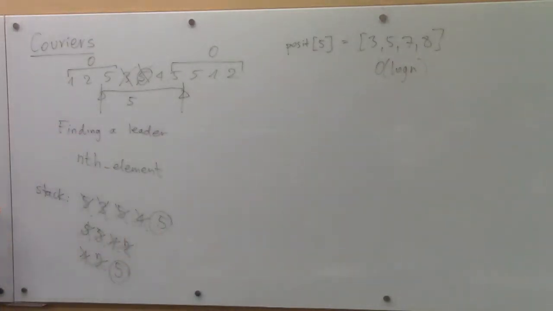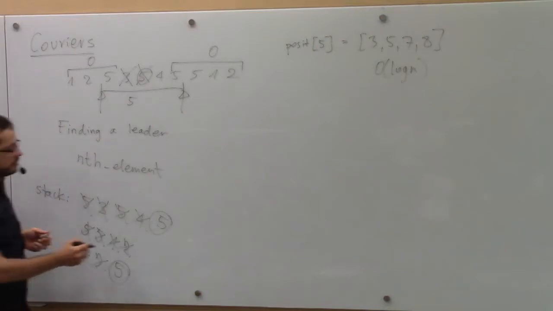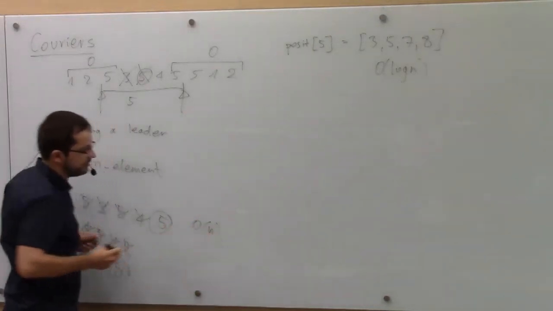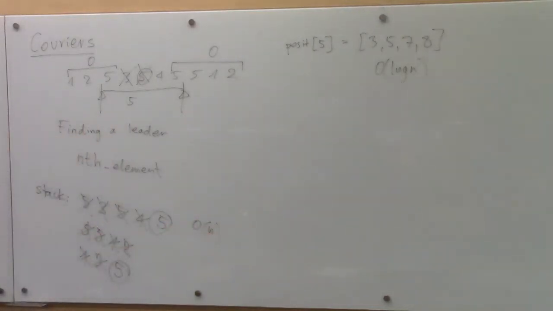But unfortunately, this algorithm still needs a linear time to go through the whole segment. So still, it's a linear time for finding a leader. But this algorithm has a nice property.